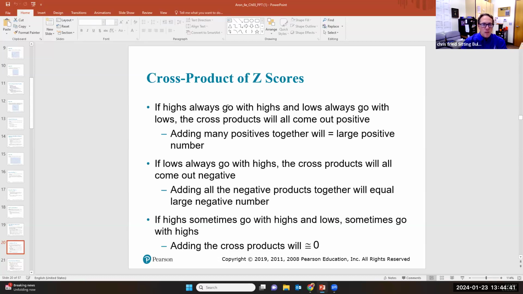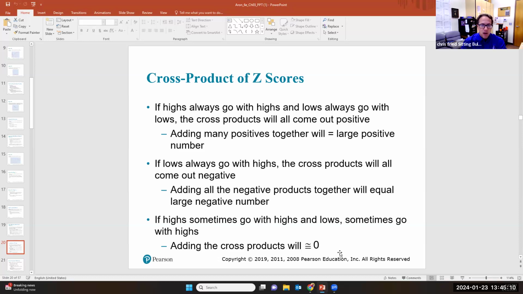So if highs always go with highs and lows always go with lows, the cross products will always come out positive. Again, if lows go with highs, it'll come out negative. If highs sometimes go with highs and lows sometimes go with highs, I'm sorry, that doesn't make any sense to me, and I have to look into what that means.